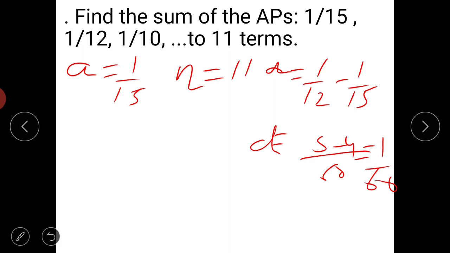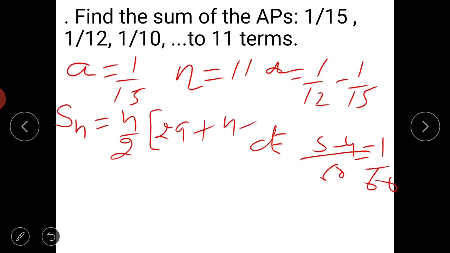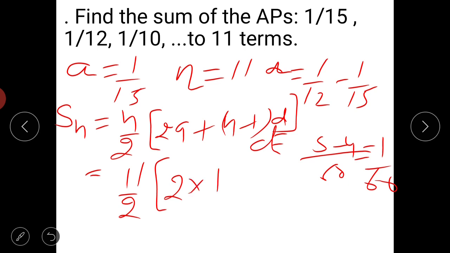Do you remember the sum formula? Sum of n terms Sn is equal to n by 2 into 2a plus n minus 1 into D. Got it or not? So A is 1 by 15, n is 11. So 11 by 2 into 2 into 1 by 15 plus 10 into D, which is 1 by 60.